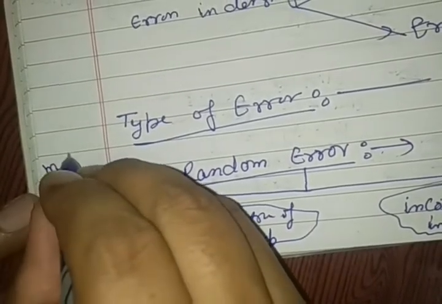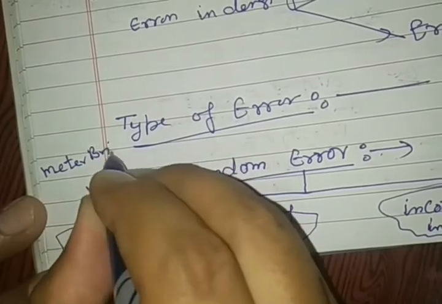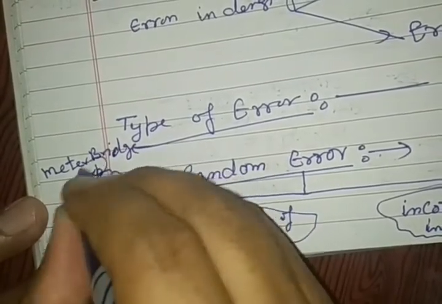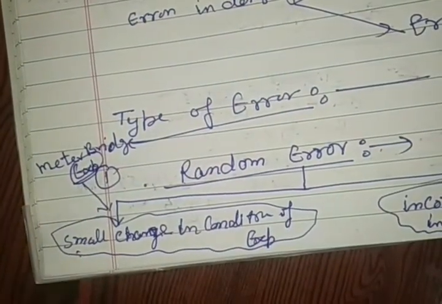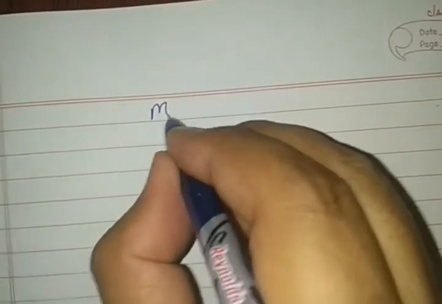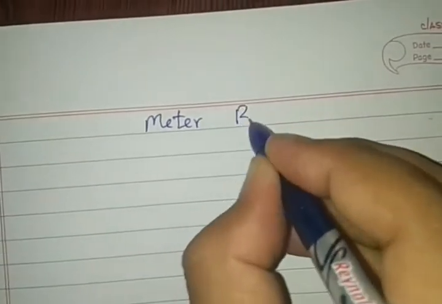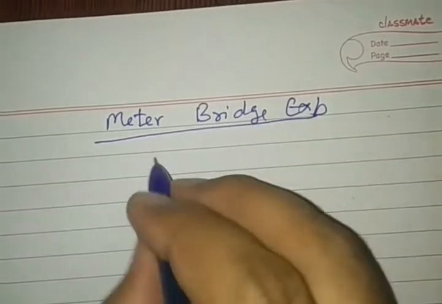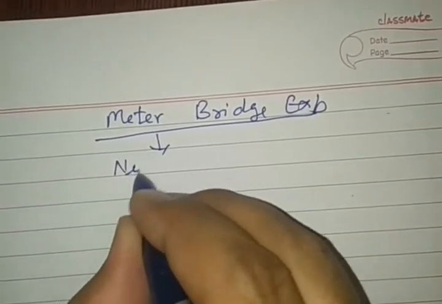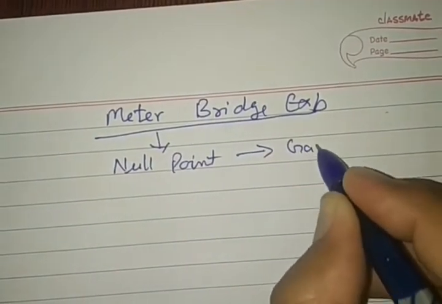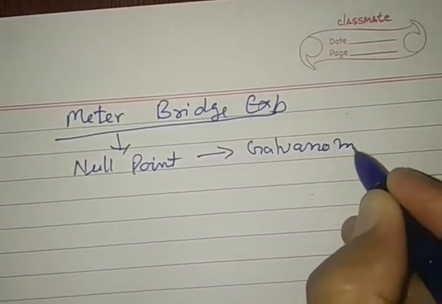In the meter bridge experiment, we obtain the null point in the galvanometer.